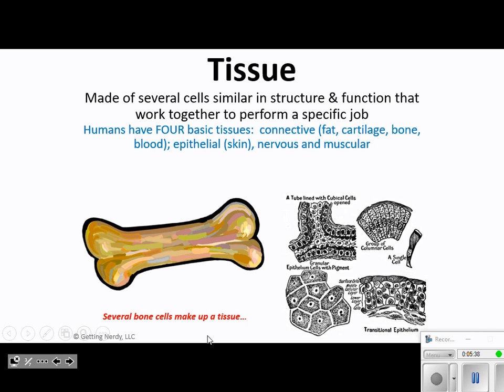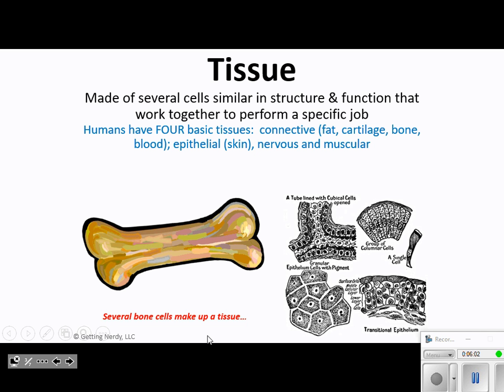Now, in human beings, we have 4 basic types of tissue. Connective tissue, epithelial tissue, nervous tissue, and muscular tissue. Nervous is tissue in the nervous system.